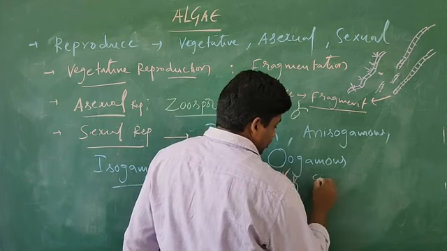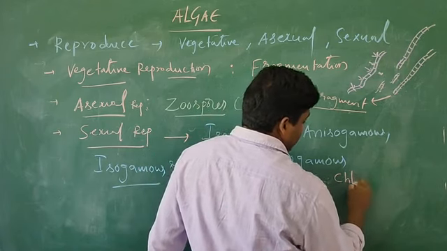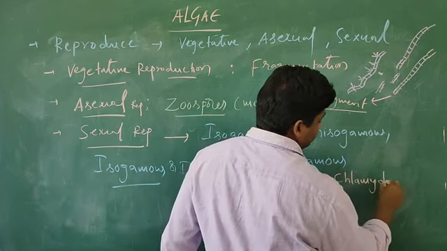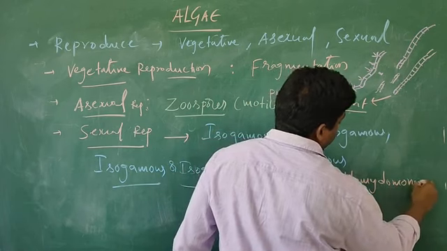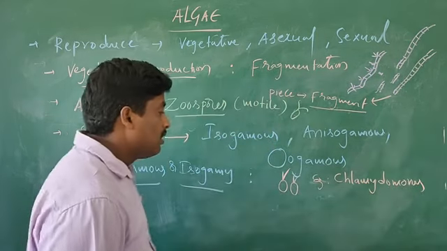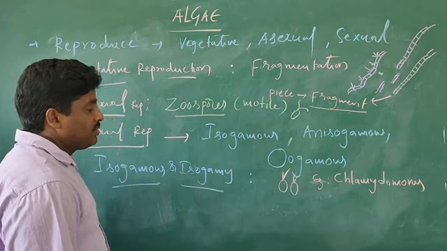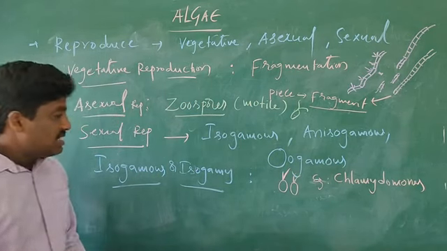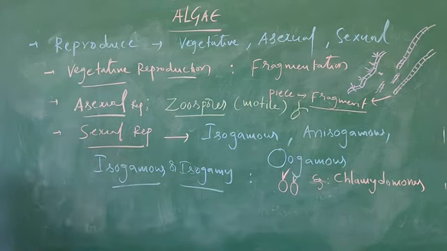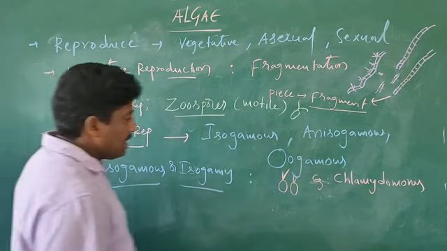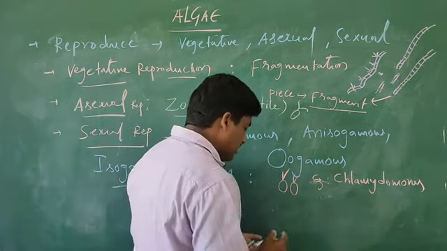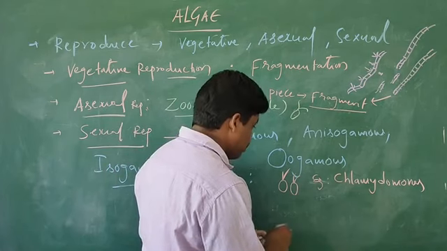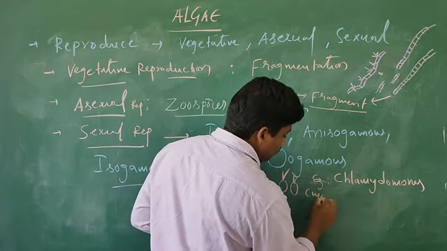Example you can see, Chlamydomonas. Next, in isogamy, another definition is also present. Actually, here the two gametes are motile.